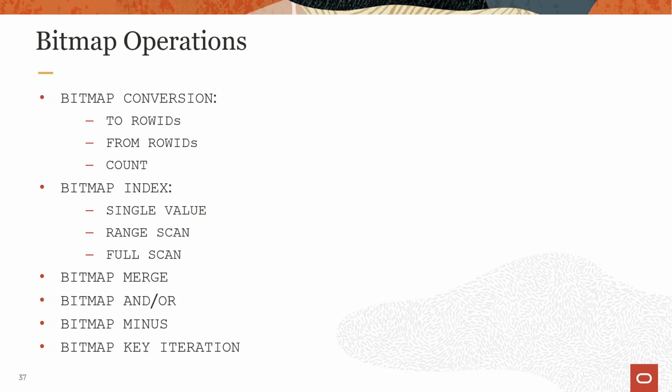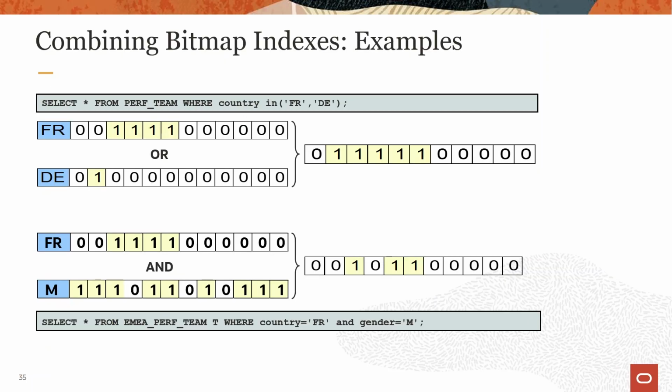For instance, if you take bitmap minus, what does this operation mean? Let's say, if I go back to the previous slide, in fact, if you would ask, look, I would like to find out all the records where country is not France, well, it simply takes the bitmap of France and reverses all the bits.